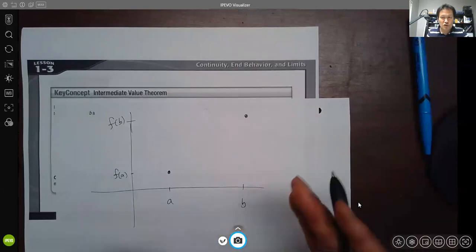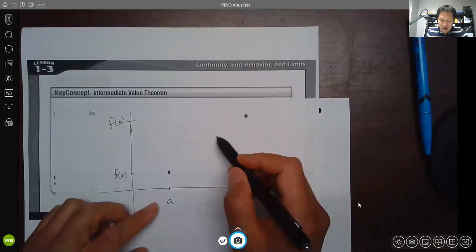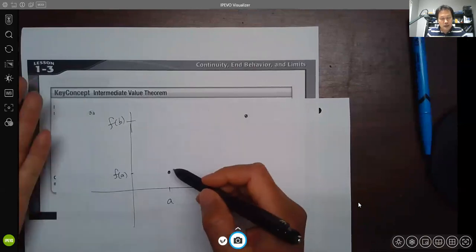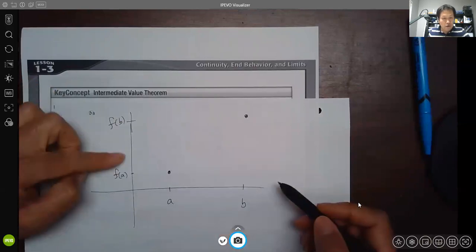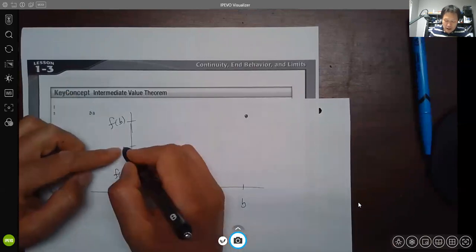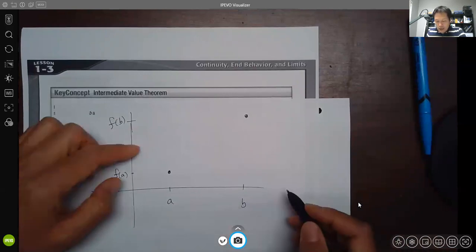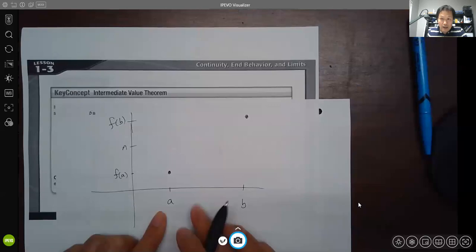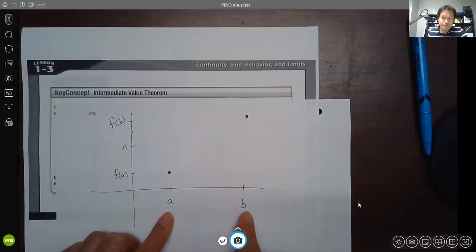When you say it's a continuous function, that means they are connected somehow. So a fancy way of saying that is, if you choose any value of y between here, let's say n, then there's gotta be a matching value on that graph, and that x value has to be between a and b. That's all they are saying.